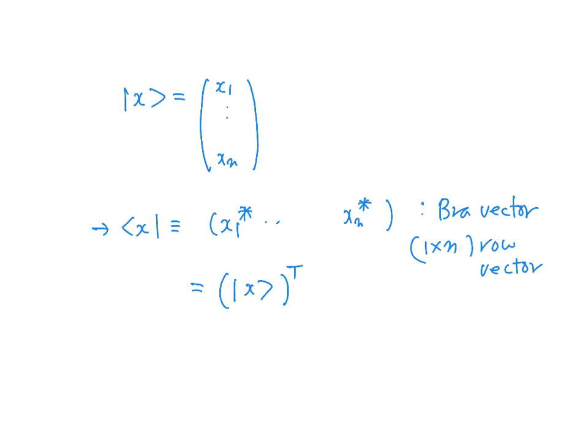What happens if you transpose a column vector? If you transpose a column vector, the column becomes a row, right? But there's one thing more, because this bra vector has an extra property. This complex conjugate, right? So you obtain it with a complex conjugate.